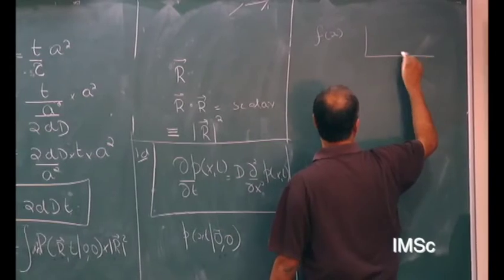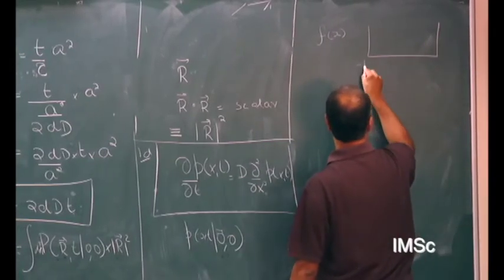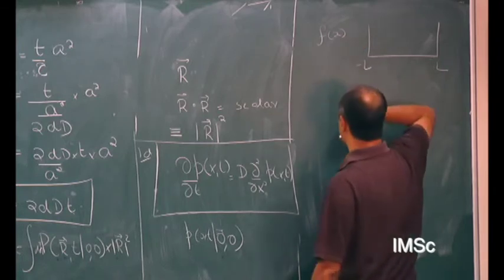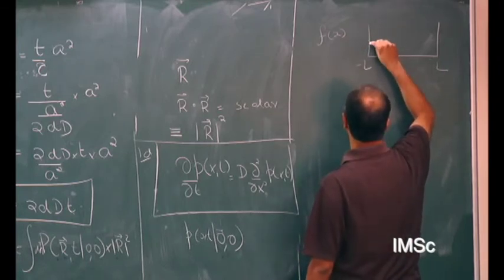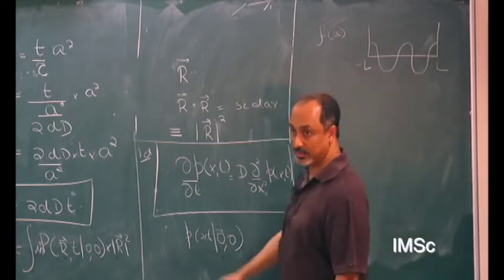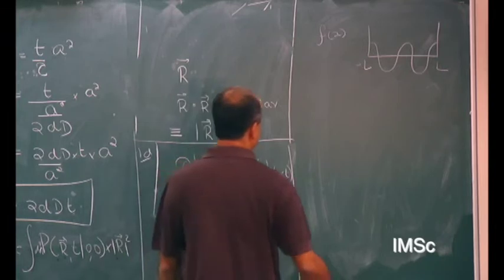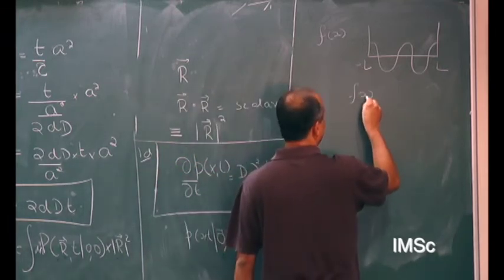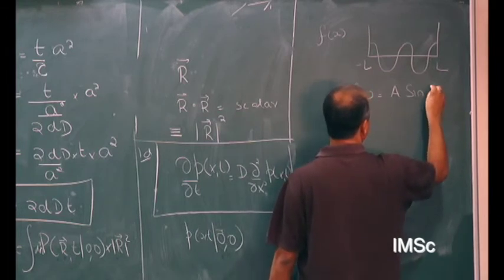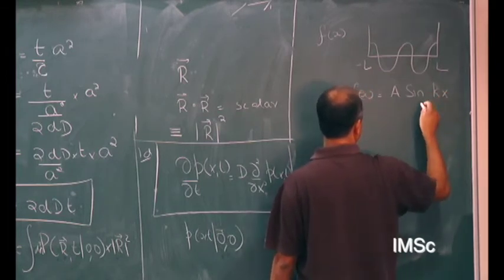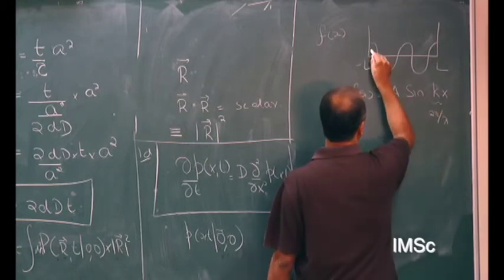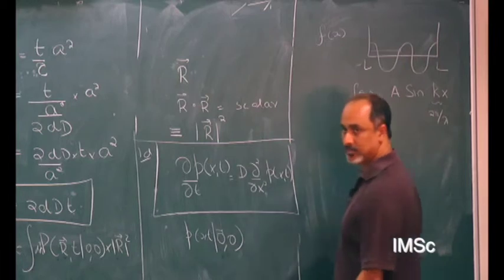let me say I define it in some interval, say between minus L and L, some function inside there. That function, I can choose a very simple function. That function might be some function that looks like this, which is a sine wave. So then I would say that f of x is some amplitude of the wave, A, times sine of k times x. And k is 2 pi divided by lambda, where lambda would be the wavelength of this.